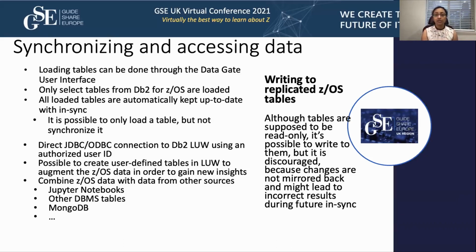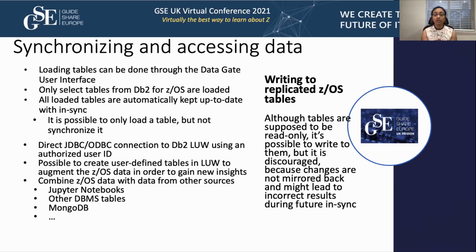Connection to the target database is usually done using simple JDBC or ODBC connectivity using an authorized user ID. When building applications, this data from the source, which is now in the target, can be combined with data from other sources, Mongo or any other database where you're bringing data into the platform.